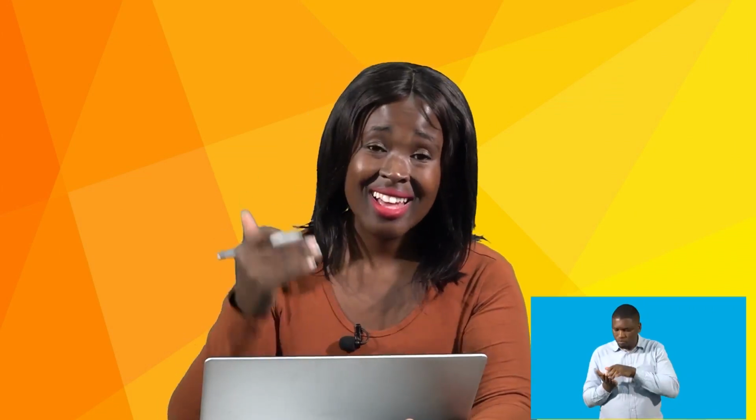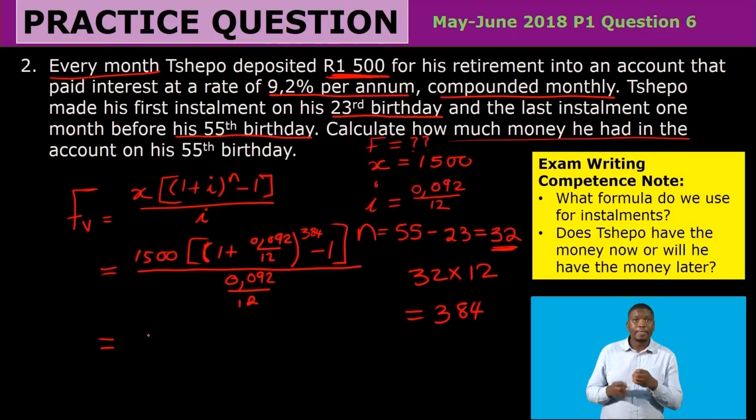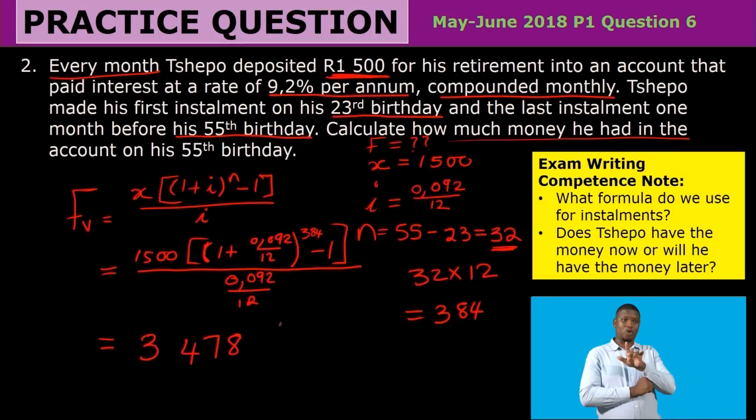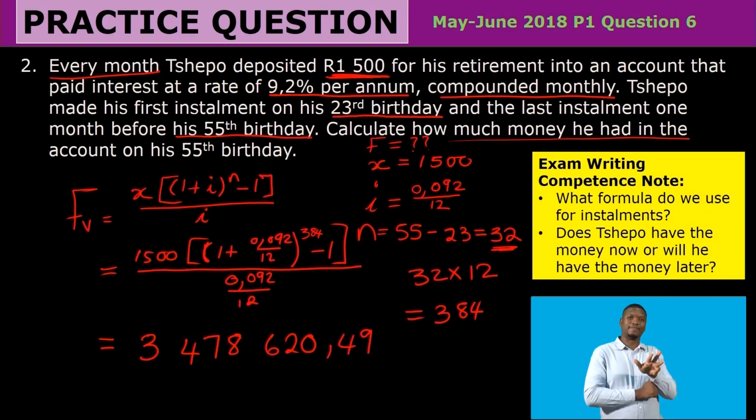Sometimes if you're punching in those numbers too fast, the calculator does not capture some of the numbers. So double check that every value is in the calculator. Our answer there is going to be 3,478,620 rands and 49 cents.